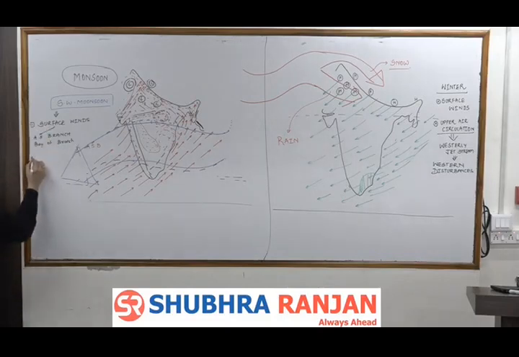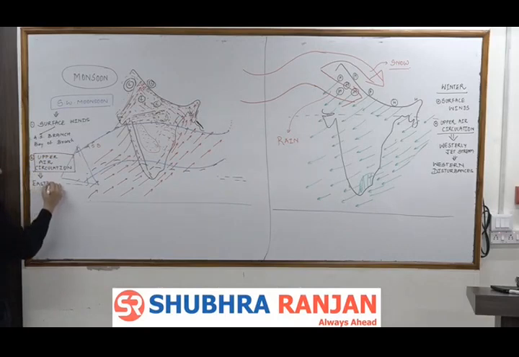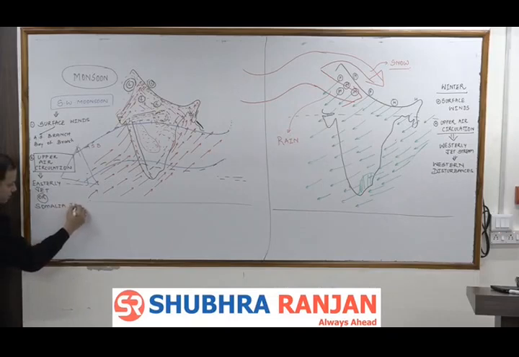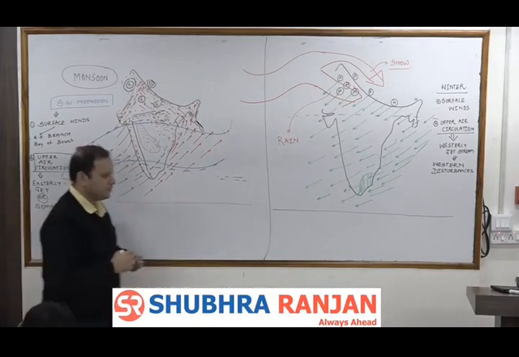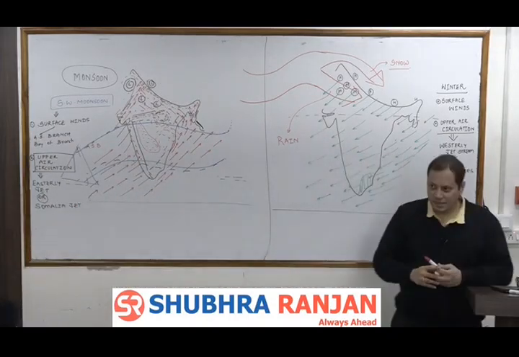And upper air circulation is in the form of easterly jet. It is also known as Somalia jet, or it is also known as tropical easterly jet. क्या करता है?